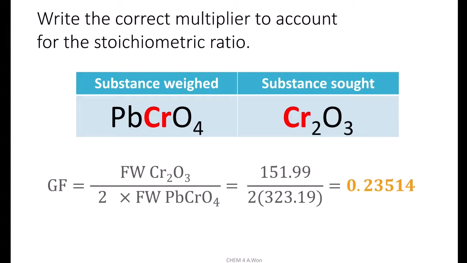So, if you are given the mass of PbCrO4, just multiply it directly by the 0.23514 gravimetric factor, then you will automatically get the mass of Cr2O3. So, that is the shortcut if you use the gravimetric factor.